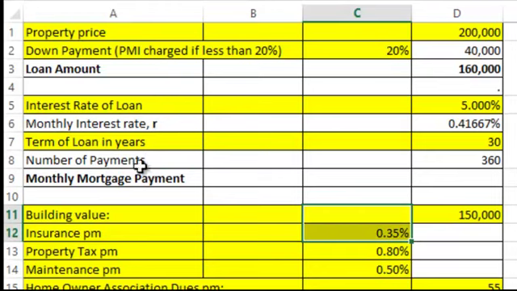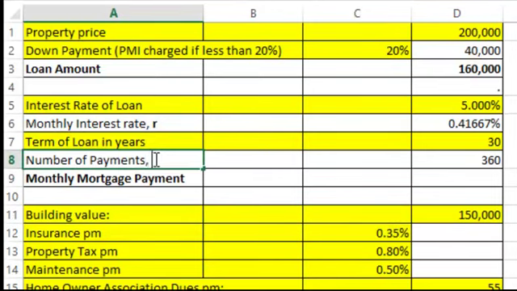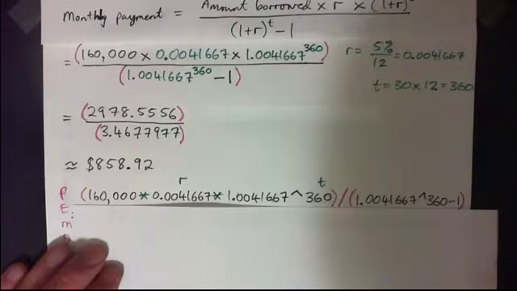Number of payments, that's T, isn't it? There we go. So T is D8, right? And so that's all we need from here, and then we'll go back to the paper and write out what our entry should look like.